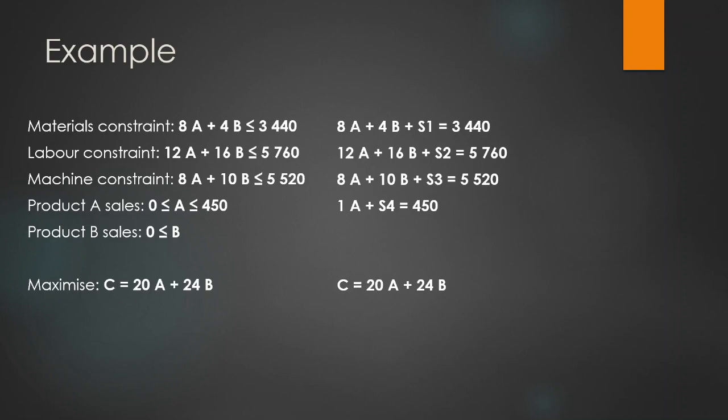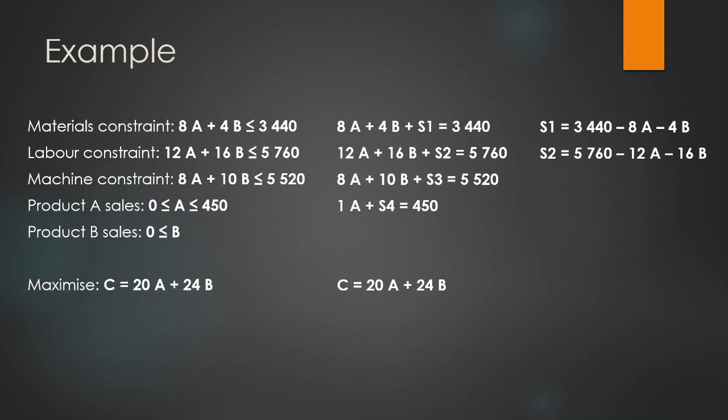Now the final step is to make the slack variable the subject of each constraint. To do this, we simply swap the formula around until the slack variable is on its own. So for the materials constraint, we get S1 is equal to 3,440 minus 8A minus 4B. For labor, we get S2 is equal to 5,760 minus 12A minus 16B.